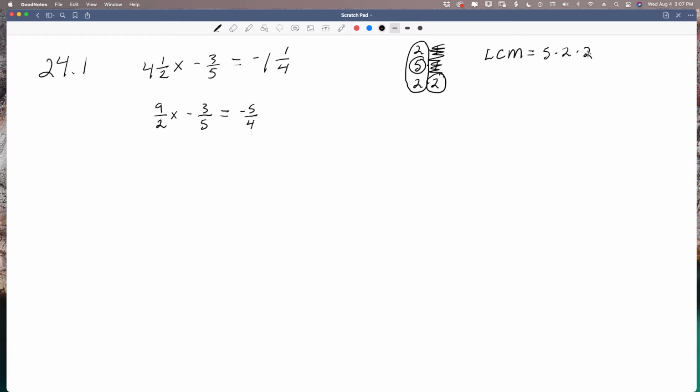We're going to use those factors in order to multiply each of these fractions and take them to a place that we can actually perform a calculation.